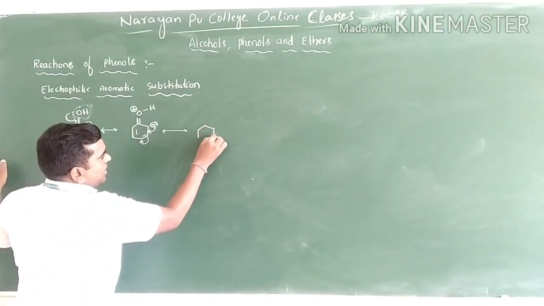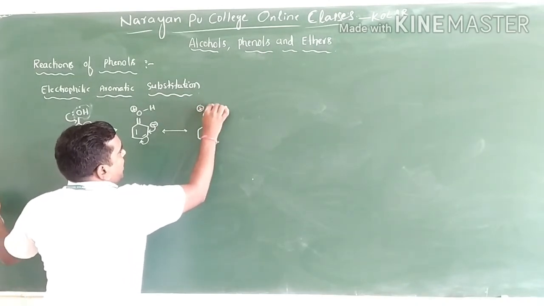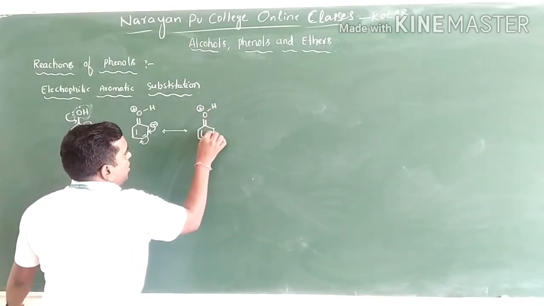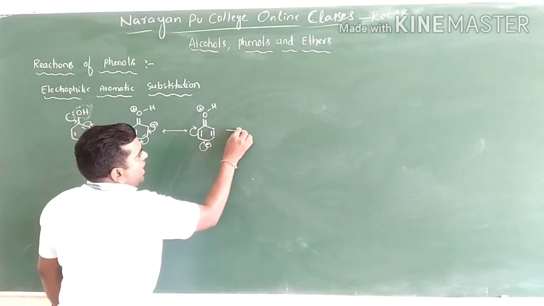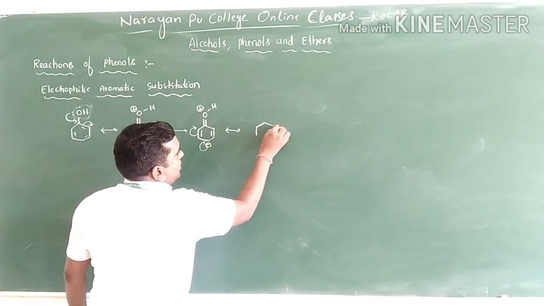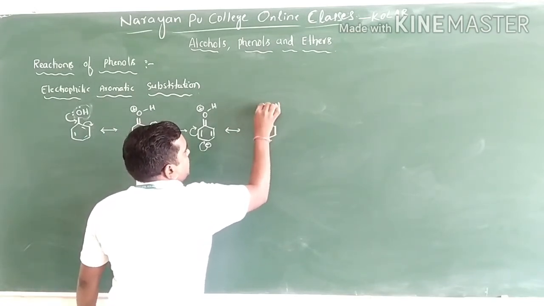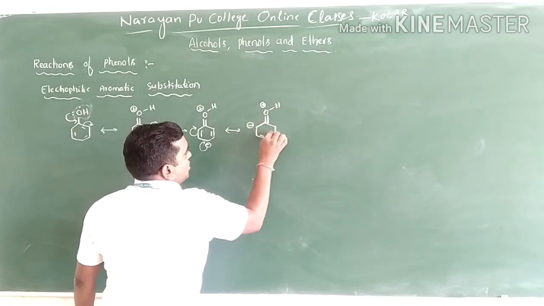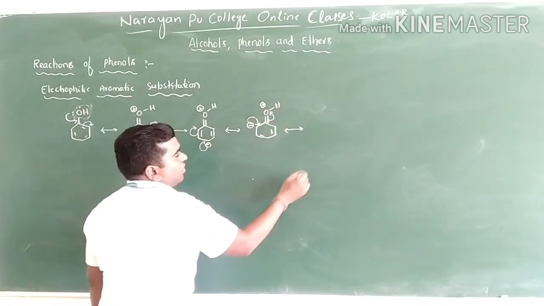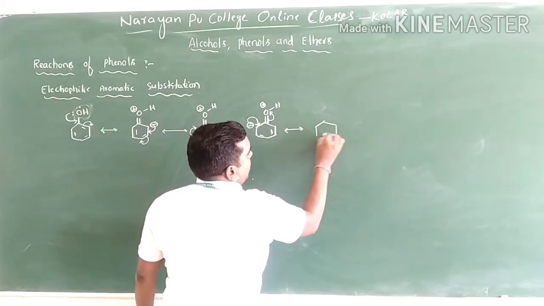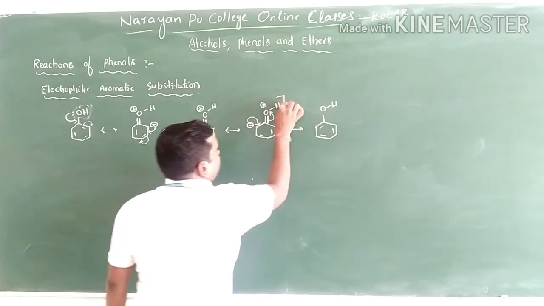Again they undergo resonance, and you get the next structure with a negative charge on another carbon. Again by conjugation this bond shifts, and you get phenol again. These are the resonance structures.